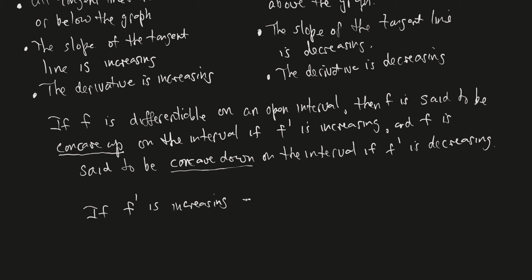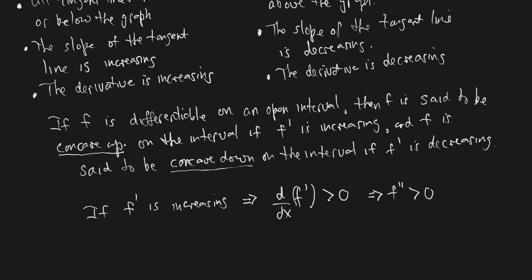So assuming my function is a function of x, the derivative of f prime would have to be positive. If f prime is increasing, then f prime must have a positive derivative. But what is the derivative of the first derivative? That's the second derivative. So that means f double prime would have to be positive.